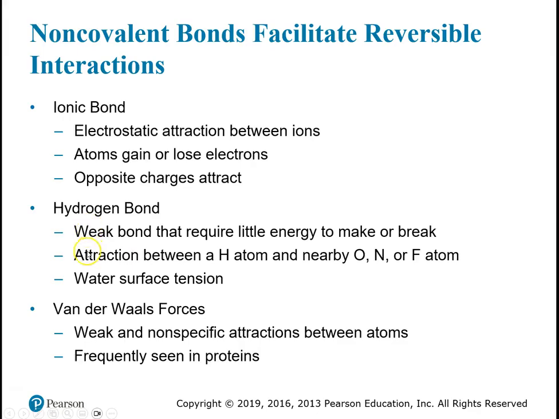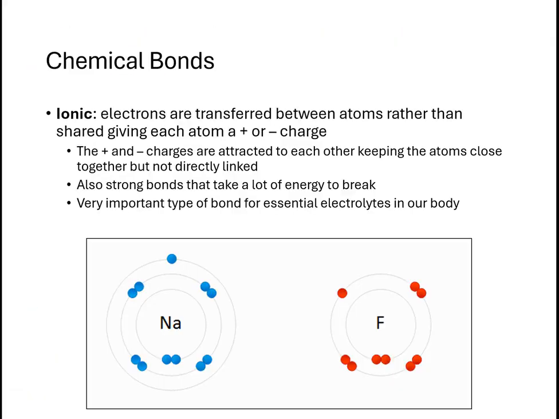And then hydrogen bonds, attraction between a hydrogen atom and nearby oxygen, nitrogen, or fluorine atom. This is how we get water surface tension. So this is how things, usually very light things, if you set them on the surface of water very gently, they will float on that water because of this tension created by hydrogen bonds between the different water molecules.